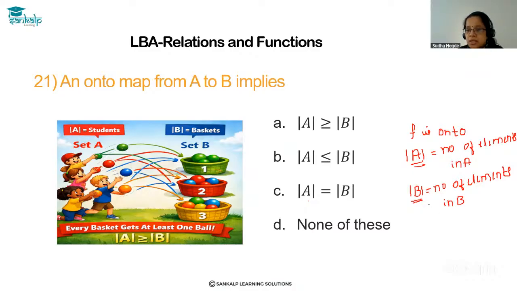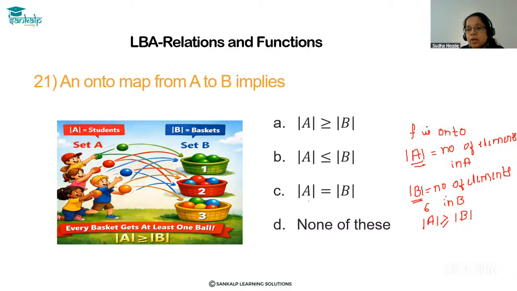Suppose there are 6 elements in B, then A should have 6 or more than that, for all the elements to have pre-image. Therefore, A should have 6 or more than 6. That means mod A must be greater than or equal to mod B when the function is onto.